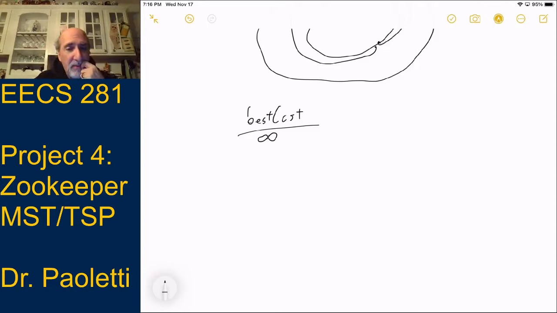So, if we start off with a best cost of infinity, everything looks better than infinity. I could start with a graph, and here's where promising comes in. Let's say I had a graph like this.